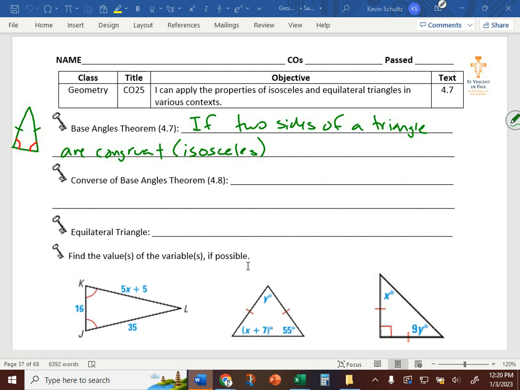If two sides of a triangle are congruent, then the base angles are congruent as well.